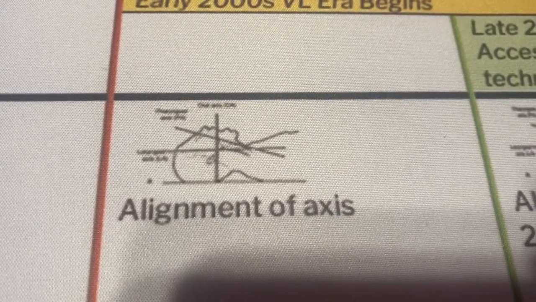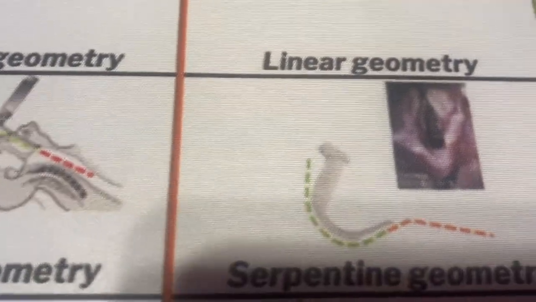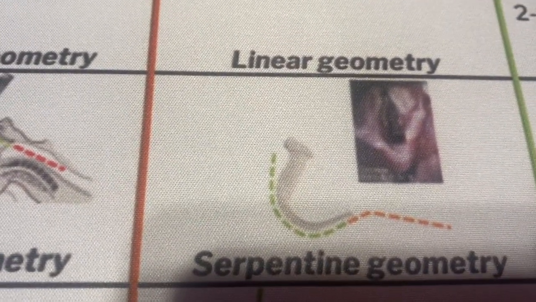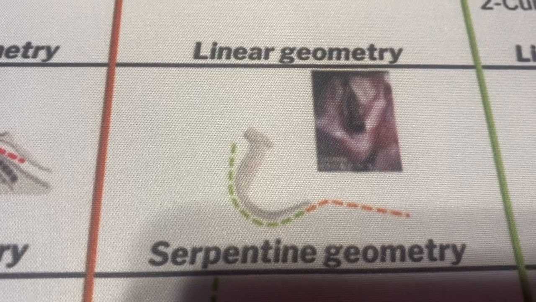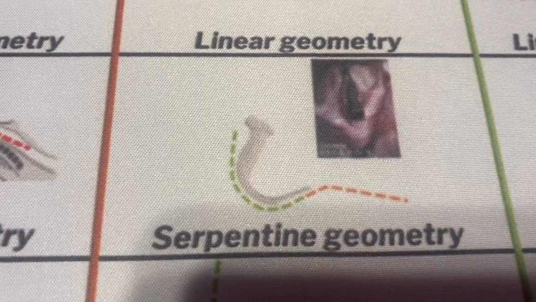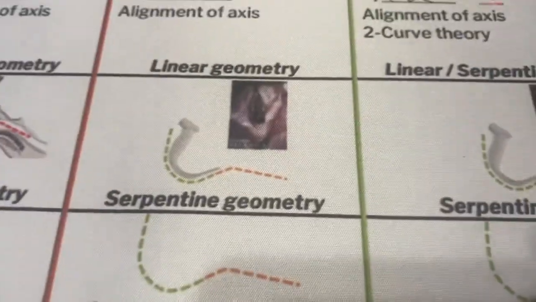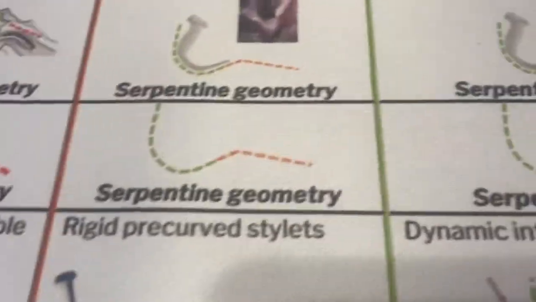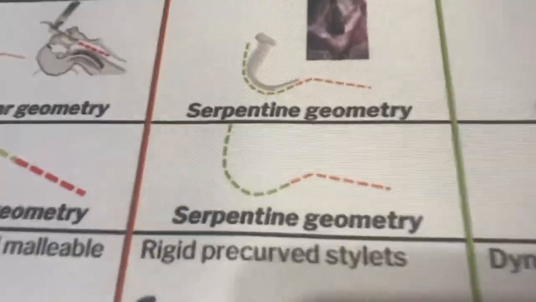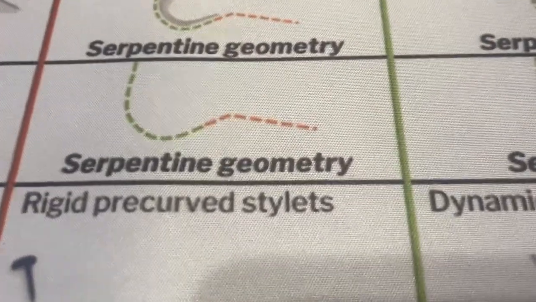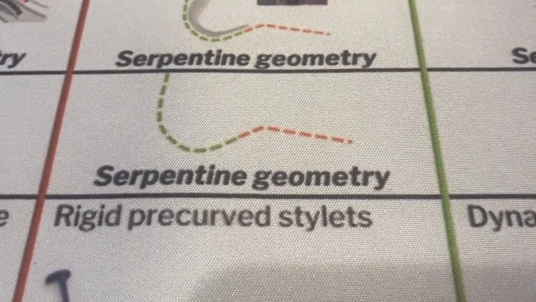And instead of aligning axes, now what we do is we look around the corner, so we don't change the geometry. And this is serpentine geometry. Okay, importantly, that means tracheal access is now serpentine, and that's where all the problems start.